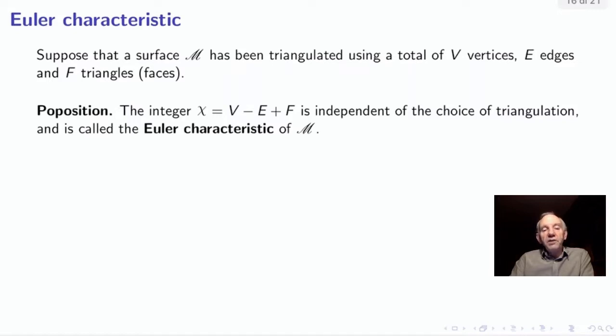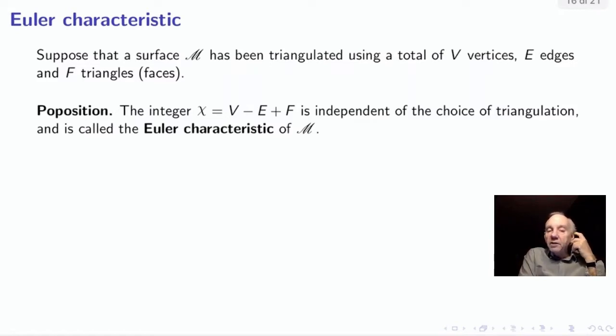And the easiest way to think about this is you take a triangulation of the surface. So we've broken the surface into a number of triangles, and when I say triangles, I just mean something homeomorphic to a triangle that might have curved sides depending how you represent the surface. But you can certainly count the number of vertices overall, the number of edges, and the number of triangles.